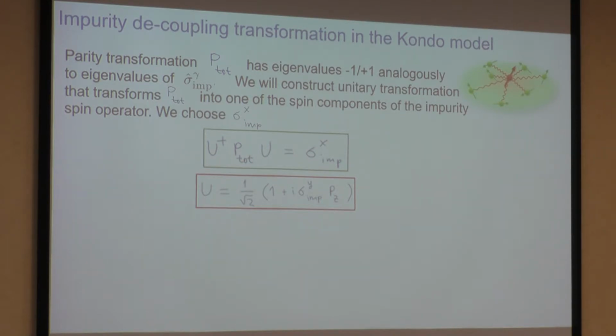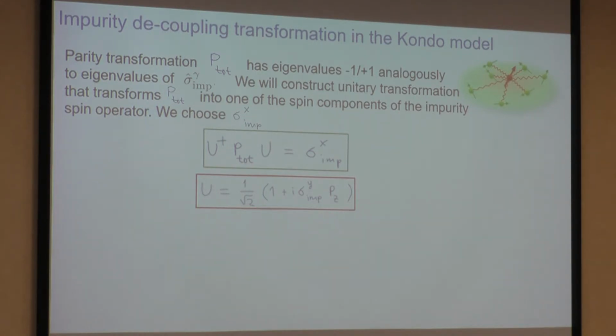This doesn't matter, you can always multiply by 1/2, and it squares to just 1. Therefore, it's interesting to ask the question: can we come up with a transformation which maps this parity operator, which we know is an integral of motion, into one of the components of the spin? Usually it doesn't matter which one.